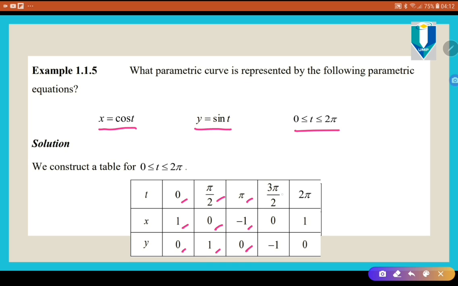When t equivalent to 3 pi over 2, cos 3 pi over 2 is 0, but sin 3 pi over 2 is negative 1. When t equivalent to 2 pi, cos 2 pi is 1 and sin 2 pi is 0.